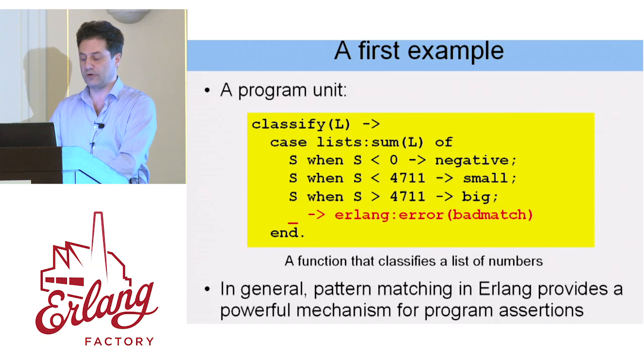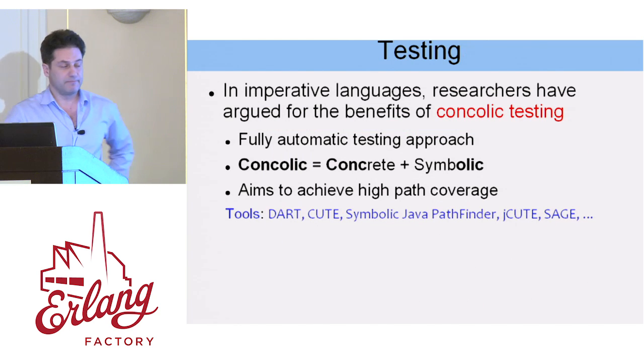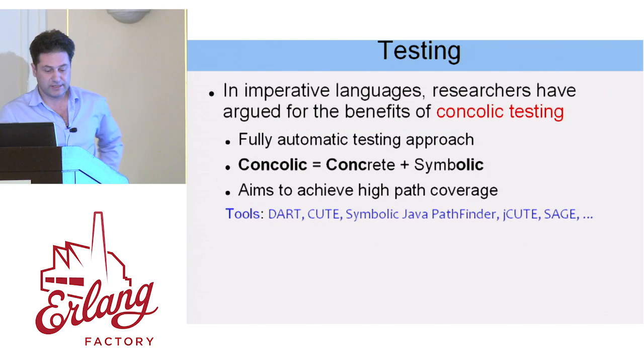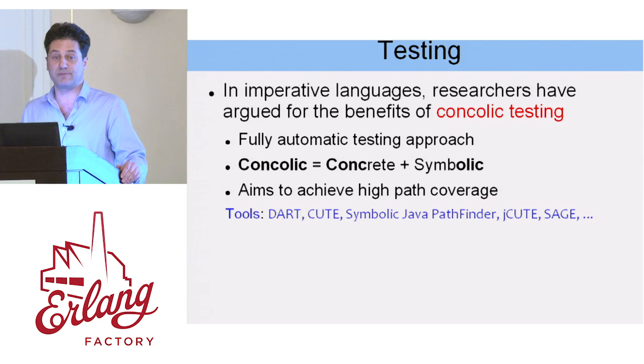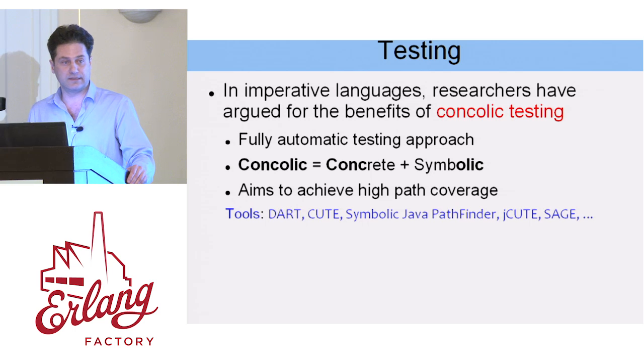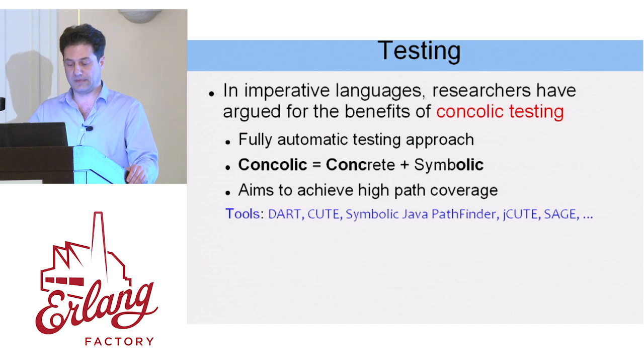And this is where concolic testing comes into play. Concolic testing, just in case you were wondering, is not a word that exists. It's a made-up word. It stands for the combination of concrete and symbolic, and it does concrete and symbolic execution at the same time.